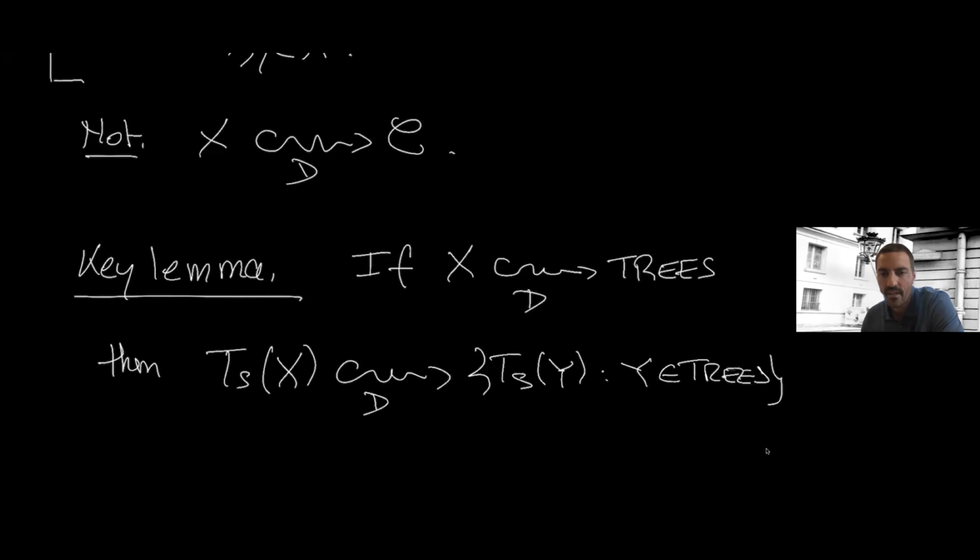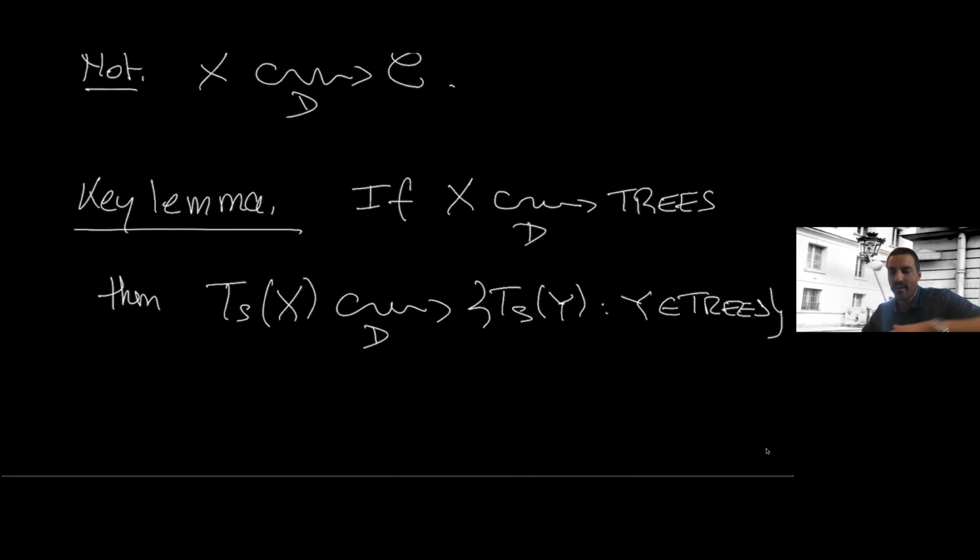So you want to lift your stochastic embedding at the level of the metric spaces to the level of the traveling salesman spaces over them. And the proof is completely elementary.